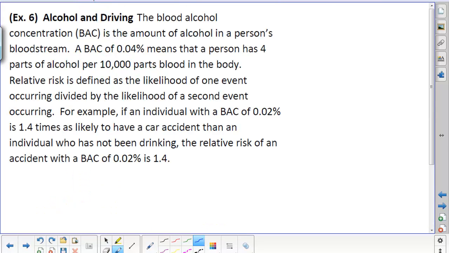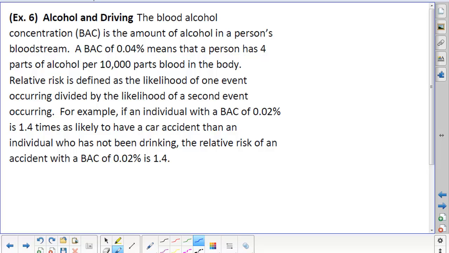All right, example 6 says the blood alcohol concentration, BAC, is the amount of alcohol in a person's bloodstream. So the BAC of 0.04% means a person has 4 parts of alcohol per 10,000 parts of blood in the body. I think that's a concept we're all familiar with.